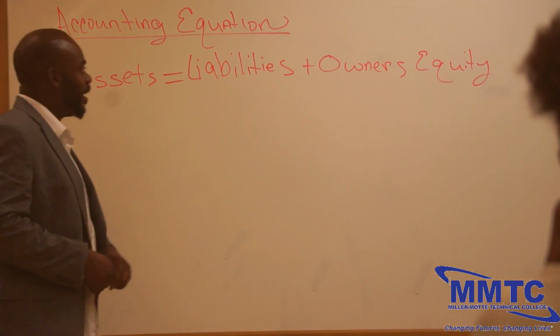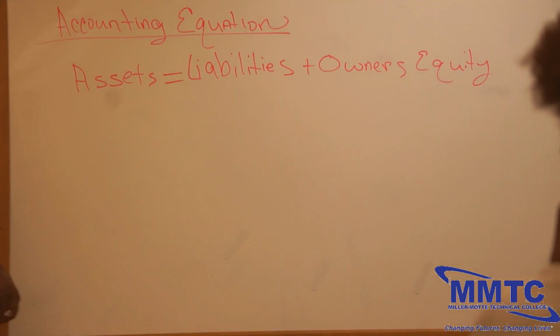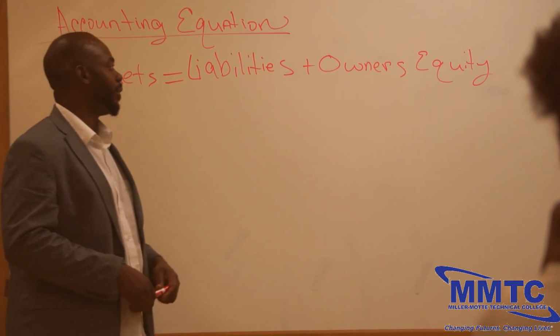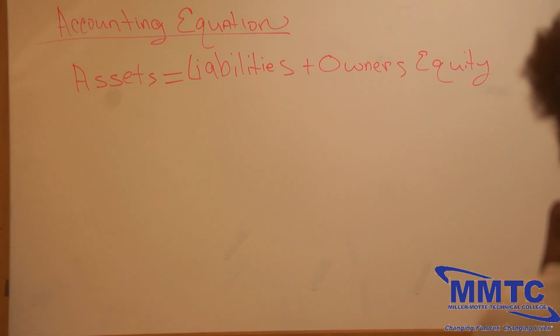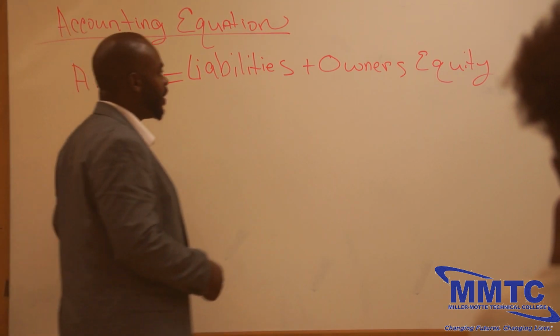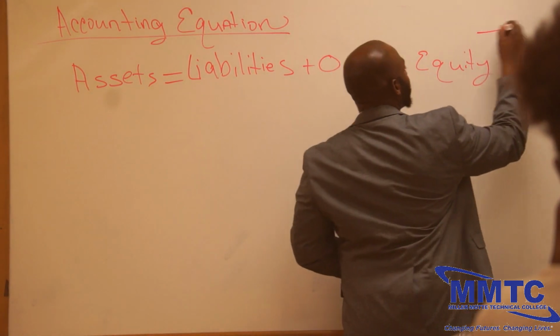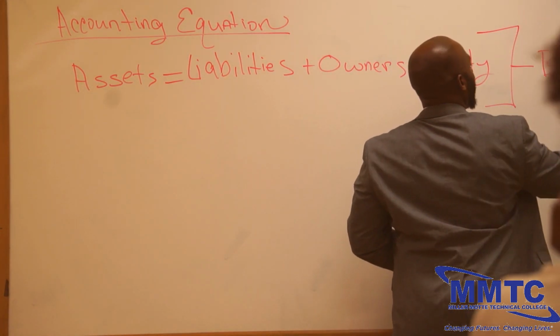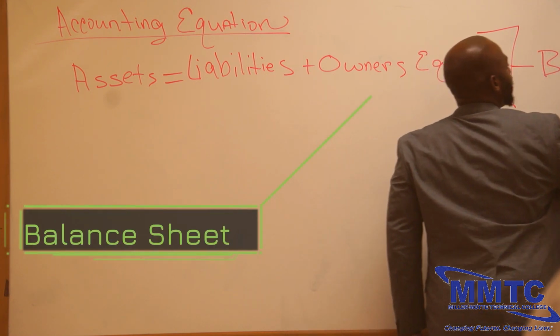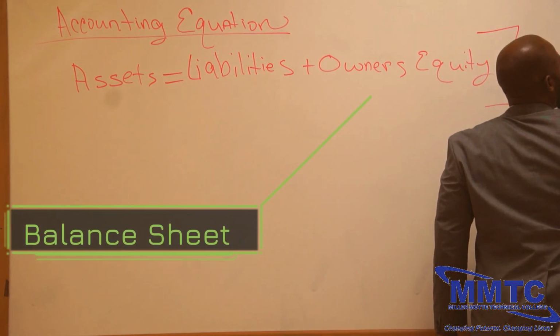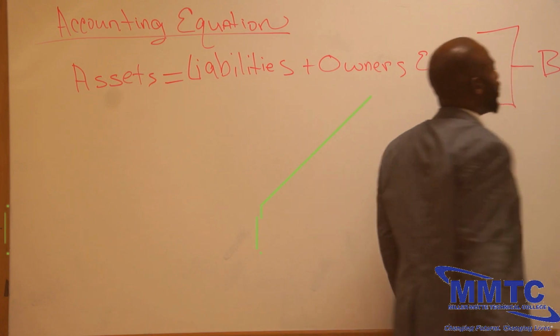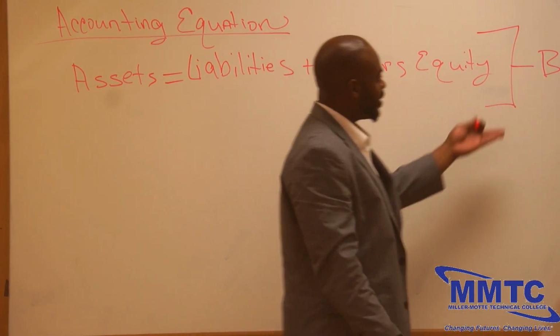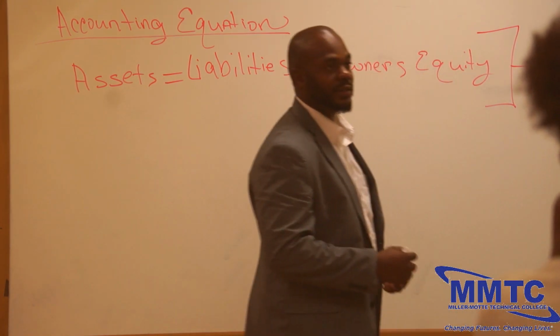Y'all just keep that in mind. Whatever level you go to, you're going to have to know this formula. Assets is equal to liabilities plus owner's equity. These components of the accounting equation are housed on what statement? Balance sheet, right? Because the balance sheet has to balance.